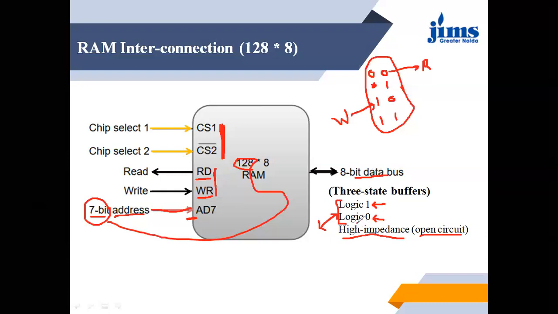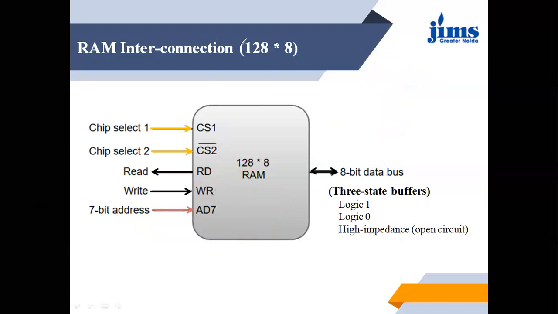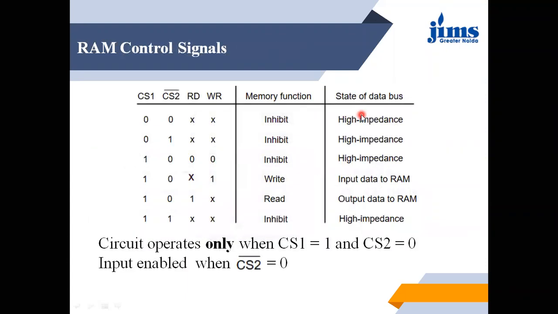But when the data bus is in high impedance, then we cannot access the circuit. So it will also depend on the value of the selection lines. Now we will see the different combinations and what happens at which combination, we will see this over here.